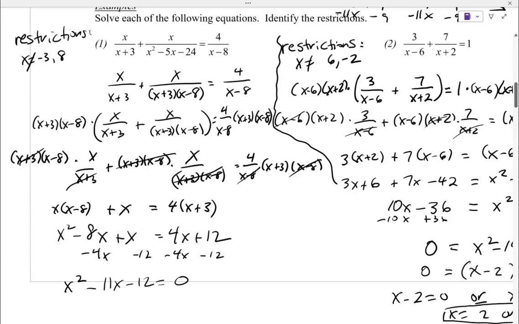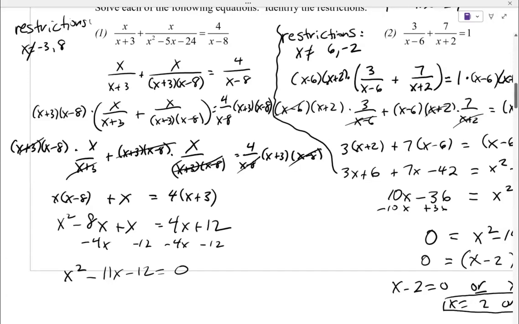Next part is 2. Other way around, right? x squared minus 11x minus 12. So we need negative 11.